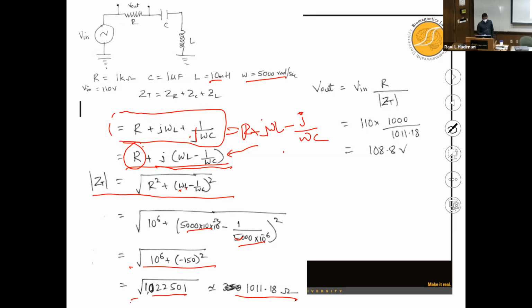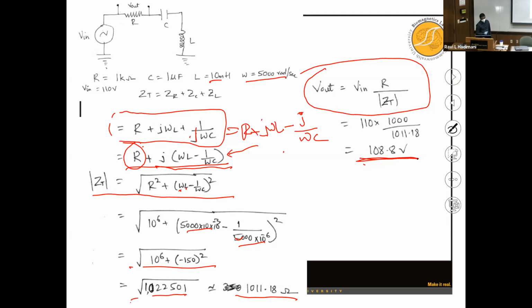Now if you substitute your total impedance in your voltage divider rule, then this is what you have. The voltage out at the resistor is 108.8 volts, which should be lower than the voltage in, which is 110 volts.